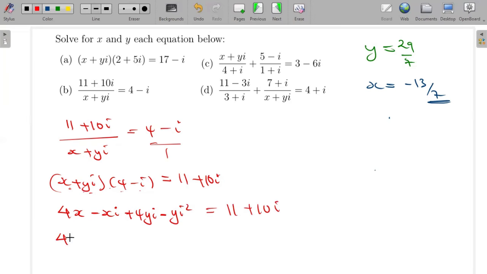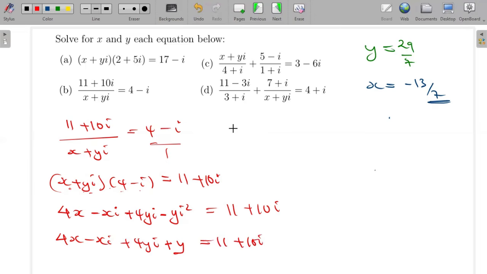So there I get 4x minus xi, then plus 4yi. There you put the negative and you get that to be positive y, is equal to 11 plus 10i.